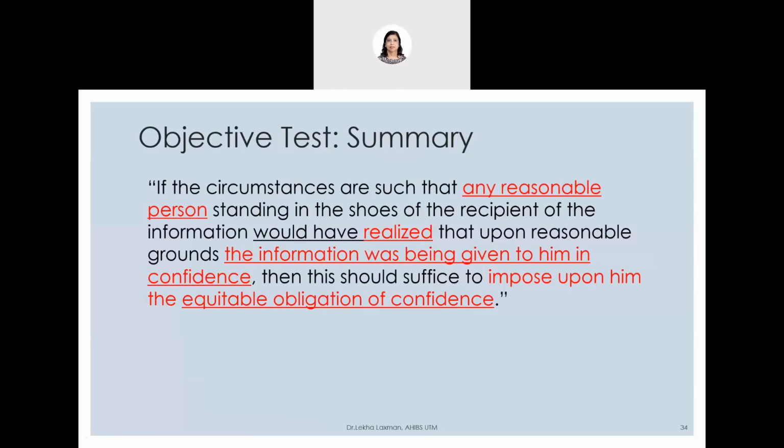So that's the objective test. Would a reasonable person know that this information was given to him in confidence, and therefore he has to safeguard it? That's the objective test.